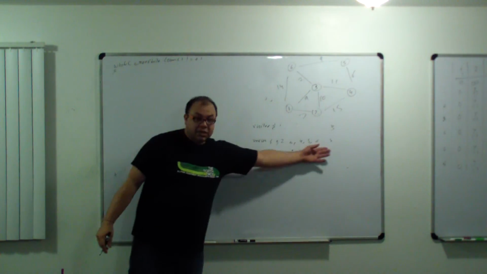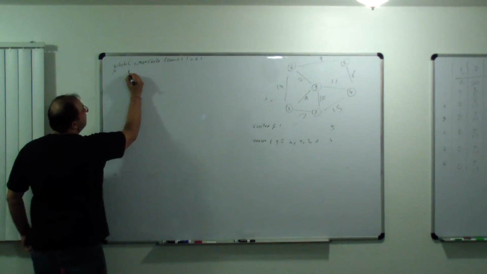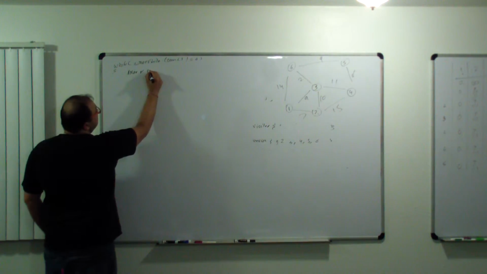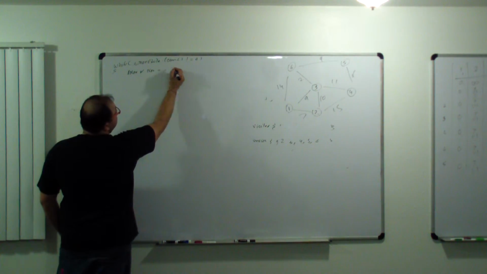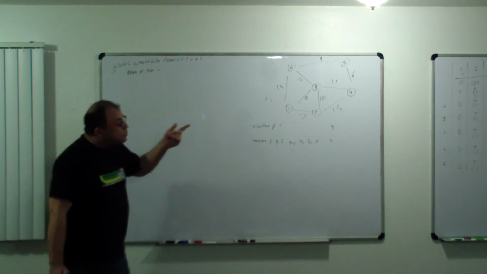While we have not exhausted everything, we will get a node, start node is equal to graph dot get node 1. So we got the node.